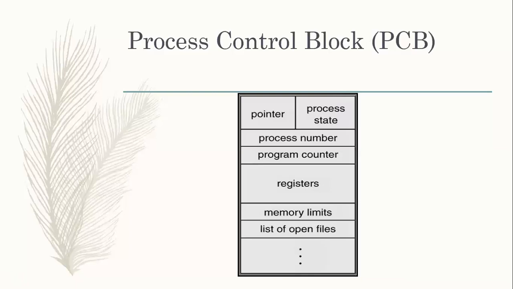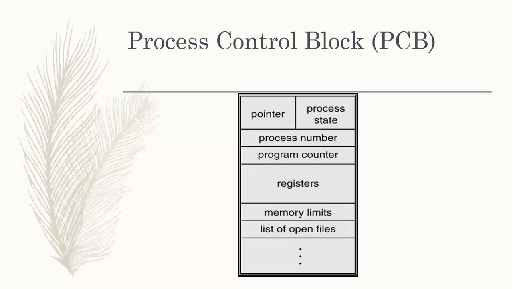So what is actually a PCB? PCB is a data structure which is used to store information about the process. So be careful, because I think in one GATE paper it was asked which data structure is used to represent a process in memory. Once again, I am repeating.